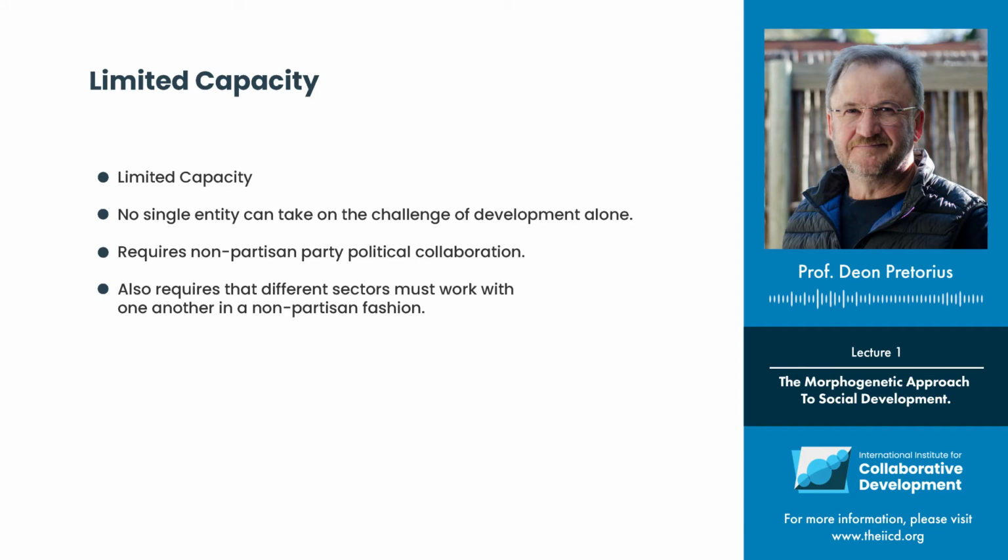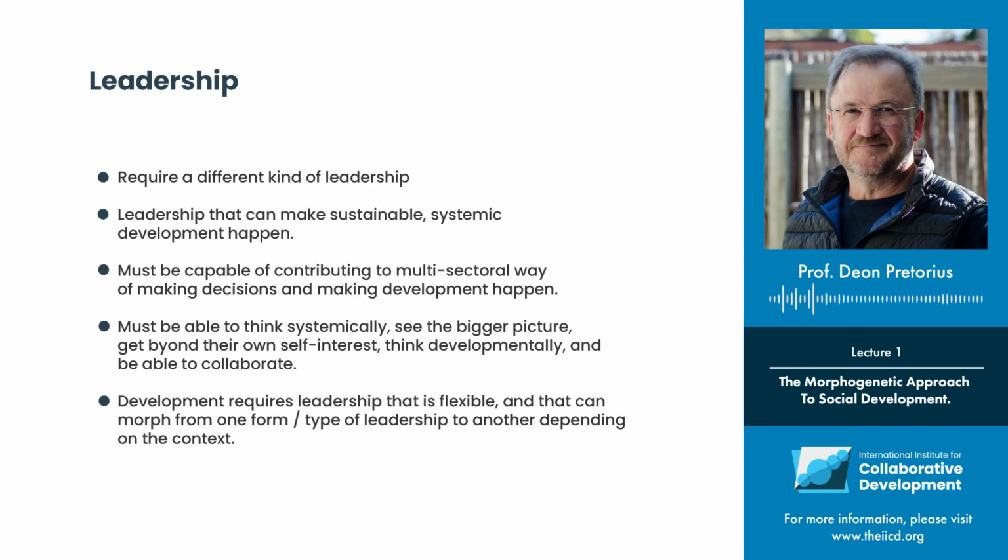The implication of that is that we also need a certain type of leadership. This is leadership that is capable of making sustainable systemic development happen. They must be capable of contributing to this multi-sectoral way of making decisions and making development happen. They must be able to think systemically, which means that they must be able to see the bigger picture and get beyond their own self-interest.